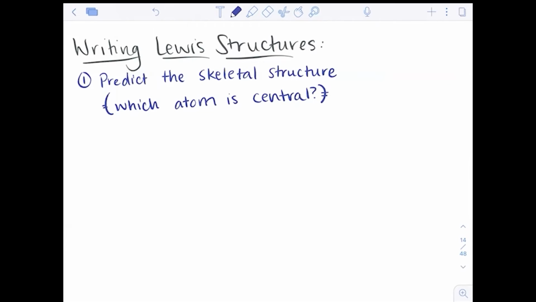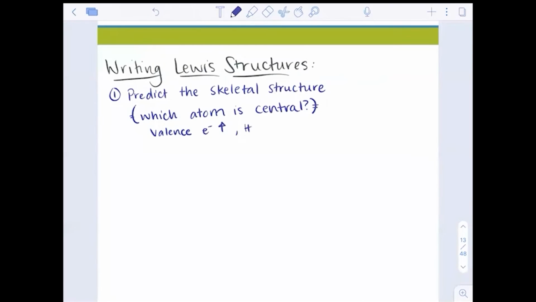As we look at the number of valence electrons, as valence electrons increase, the number of bonds decreases. So we would never really want to put fluorine in the middle when we could put oxygen in the middle.